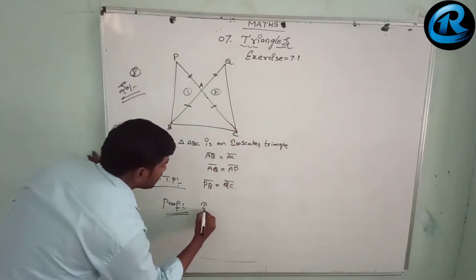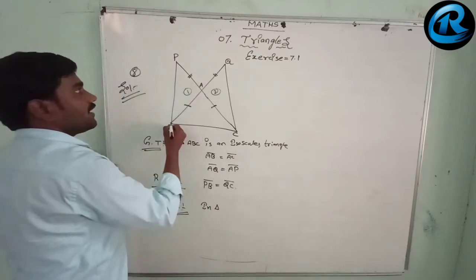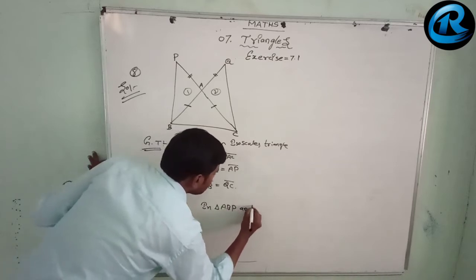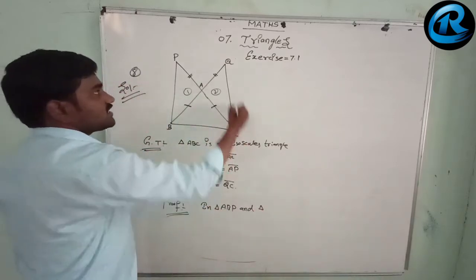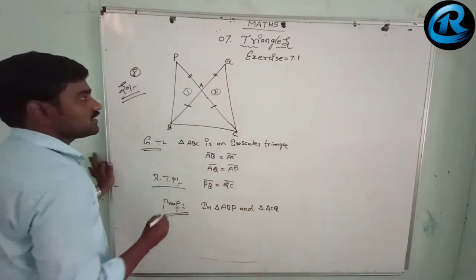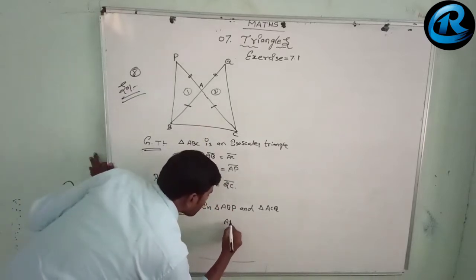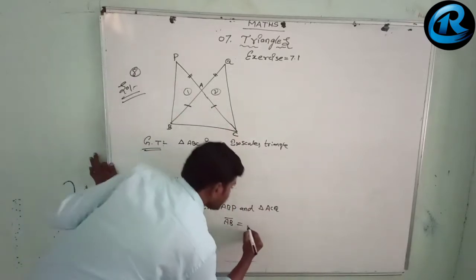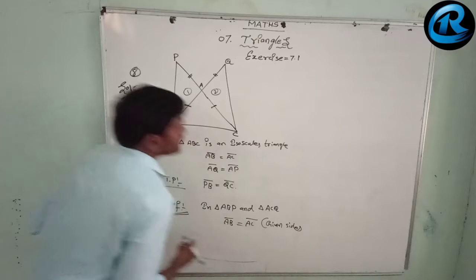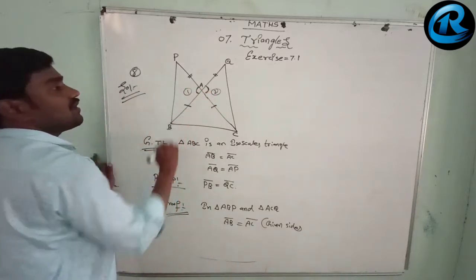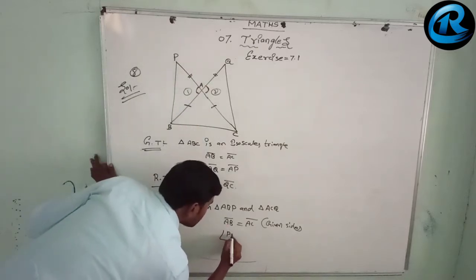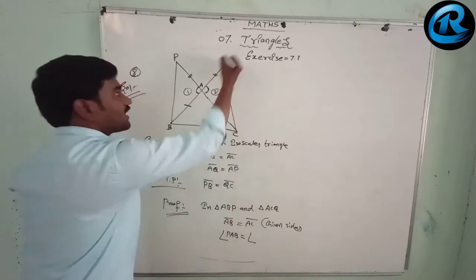Now in triangle ABP and in triangle ACQ, AB is equal to AC, given sides. These two angles are vertically opposite angles, so angle PAB is equal to angle QAC.